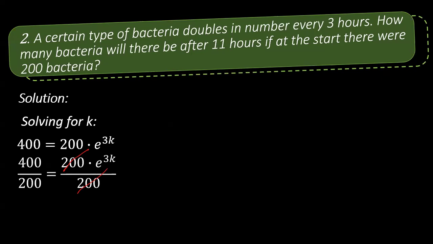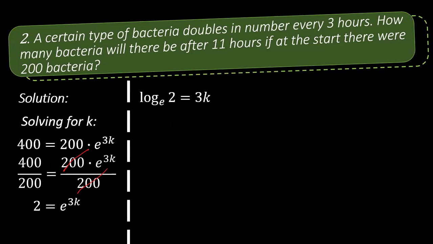And so 400 divided by 200 will be 2 is equal to e raised to 3k. This one can be rewritten as the logarithm of 2 to the base e is 3k. And this logarithm can be rewritten as what? An ln, right? An ln of 2 is equal to 3k. Then we transform it again so that we could solve for k. Our k is ln of 2 over 3.